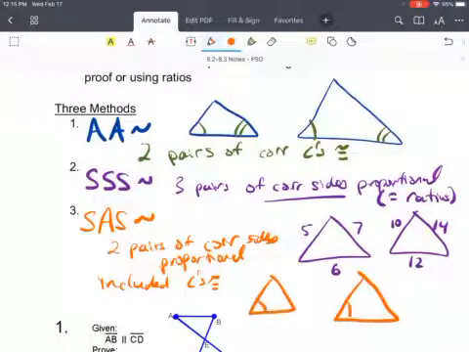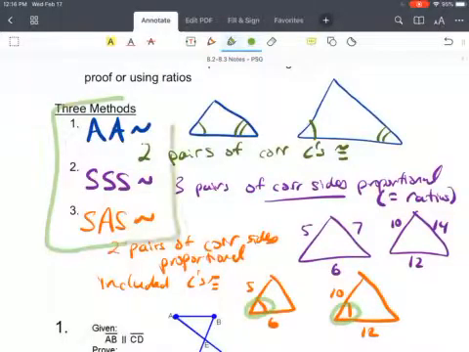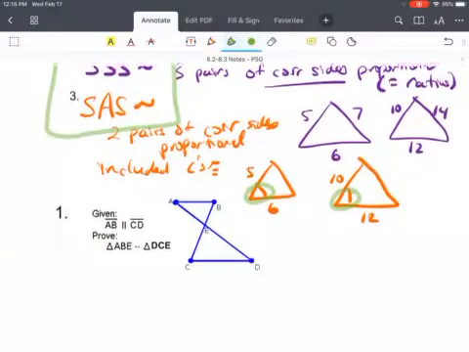So you might have, say, 5 and 6 for these two sides, and then it would be 10 and 12 if it was dilated. It could be multiplied by anything, but then you would also have the pair of angles in between them. So we need to remember these three methods to justify that triangles are similar to one another.